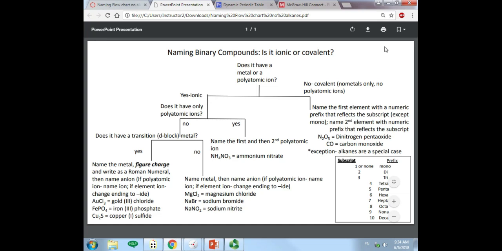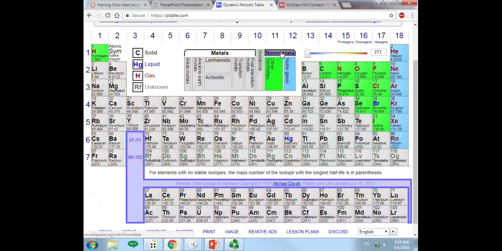Metal, you just look at the periodic table. Does the formula start with any of these guys? Except for hydrogen, right? Hydrogen's not lit up.